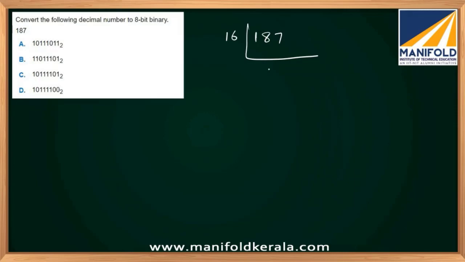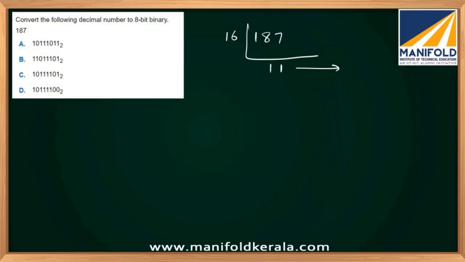What will be the hexadecimal representation? 16 into 18 will go 1 time, and there is a remainder of 2. And in 27, how many times will 16 go? 1 time. And what will be the remainder? 16 and 27, what is the remainder? 11.